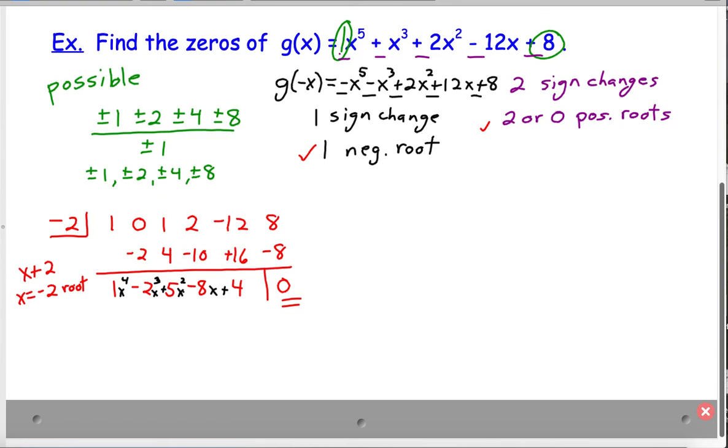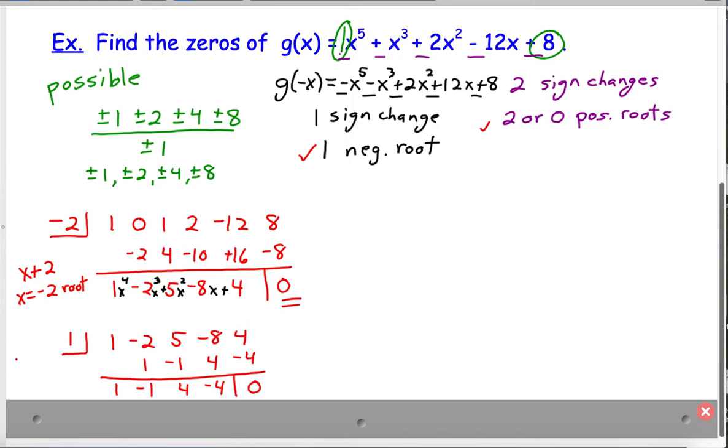All right, so now let me try a positive 1. And I have coefficients 1, negative 2, 5, negative 8, and 4. And I'm hoping for a remainder of 0. So I bring down the 1, multiply by 1, I get 1, add those, multiply, add, multiply, add, multiply. Perfect. I found another one.